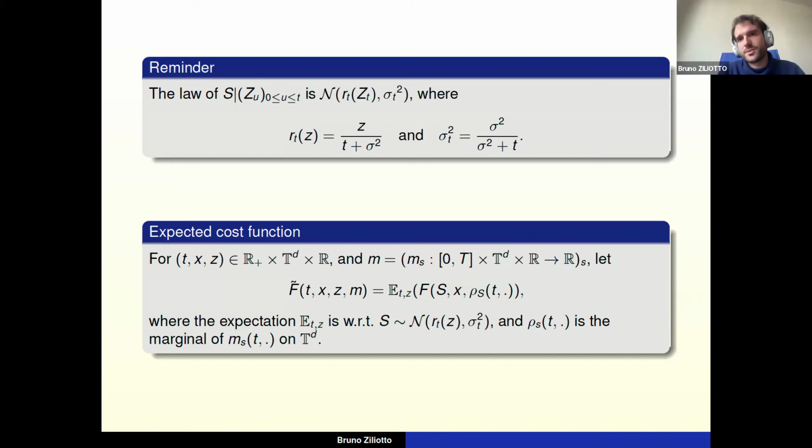And I recall that OS is a marginal of MS, meaning the position distribution of players, because what is important in the cost is not the signal, it is the position of players. The signals only influence the information of players. So this F tilde is what we will find in the Hamilton-Jacobi equation. And you can see that even if the flow cost at first did not depend on time and on Z, now the expectation F tilde depends on Z and on time.